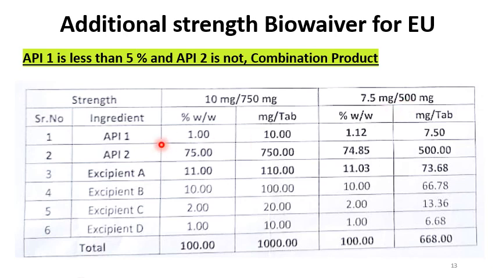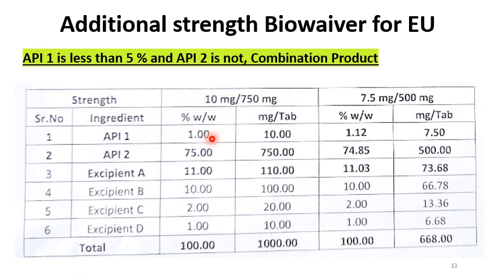So here excipient A is changed based on these API weights, and other excipients B, C, D are kept very similar or in proportion to the higher strength formula.